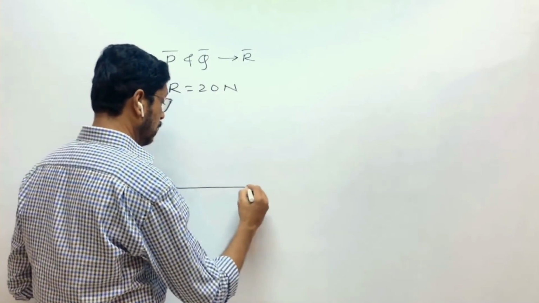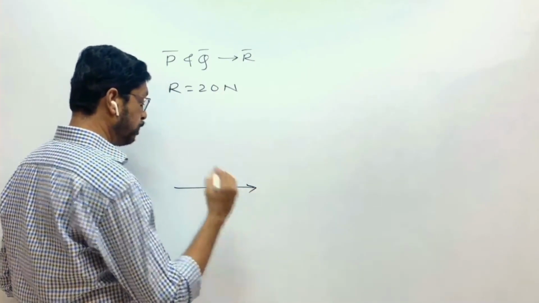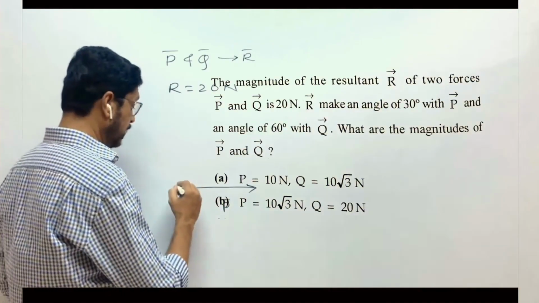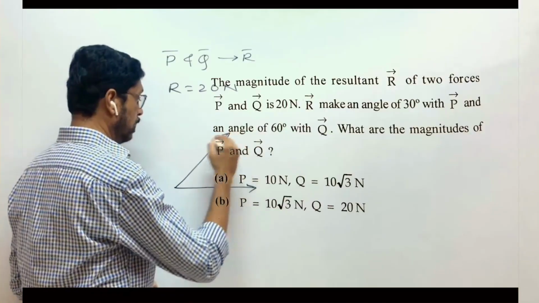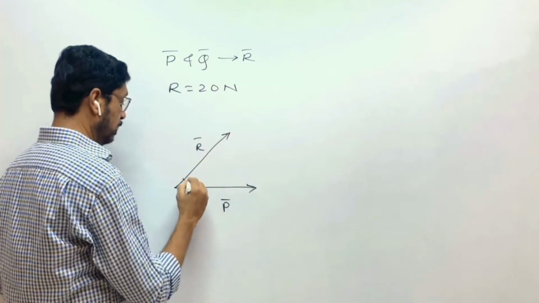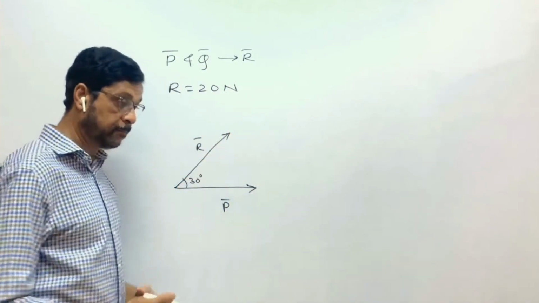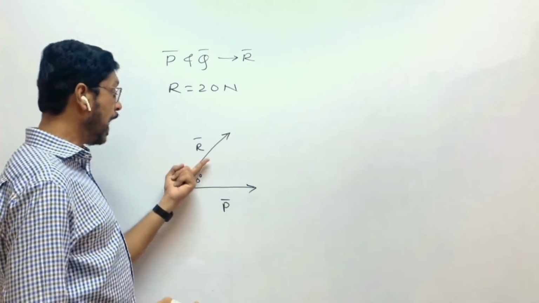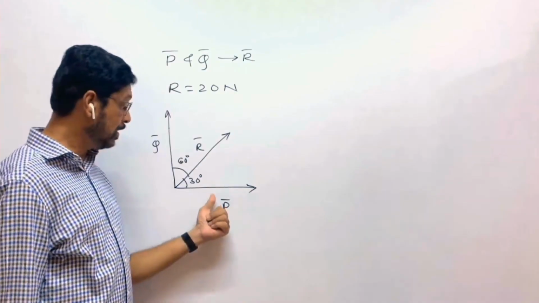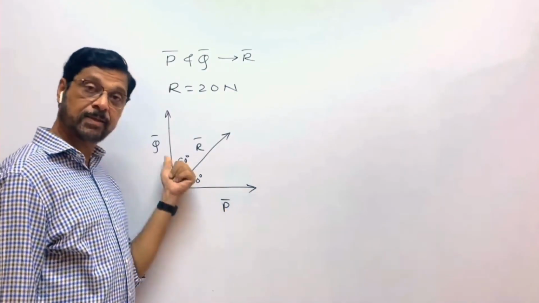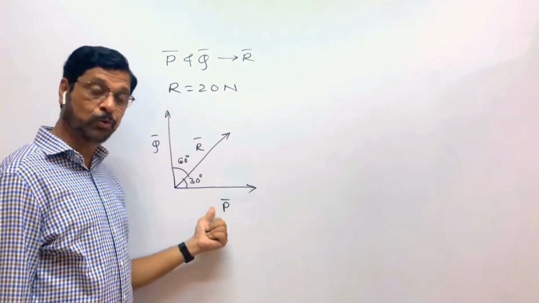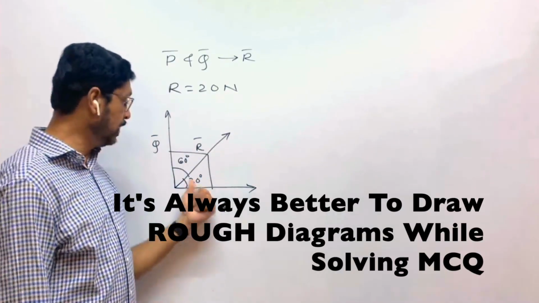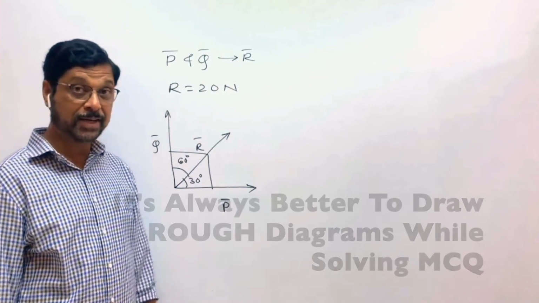Suppose this is force P. Then R makes an angle of 30 degree. This is R. This angle is 30. Means these two vectors, vector P and vector Q, they are perpendicular to each other. 30 plus 60 is equal to 90.